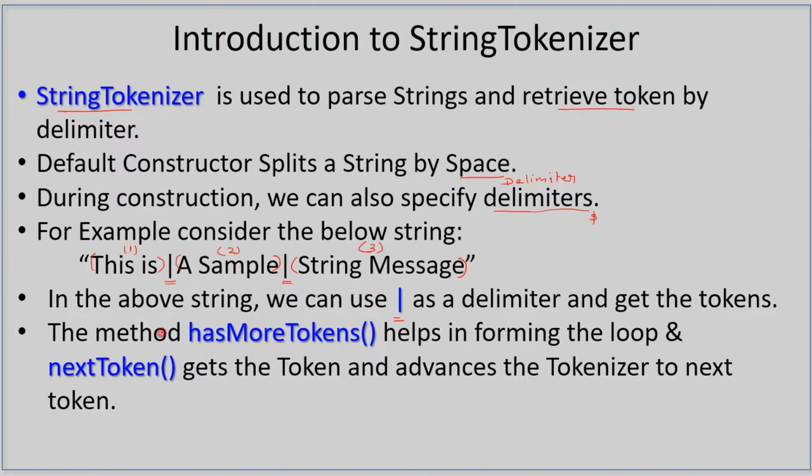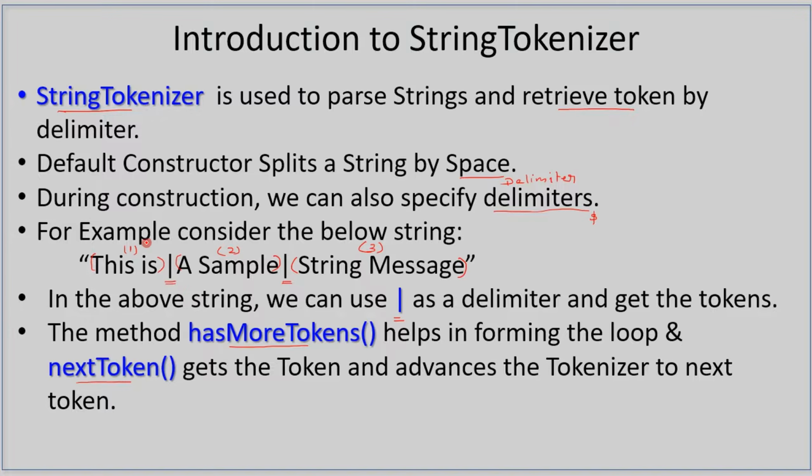So when you use the StringTokenizer, you can use its methods hasMoreTokens and nextToken. hasMoreTokens will help in forming the loop, and nextToken will retrieve a specific token and advance the string tokenizing parser to the next token.